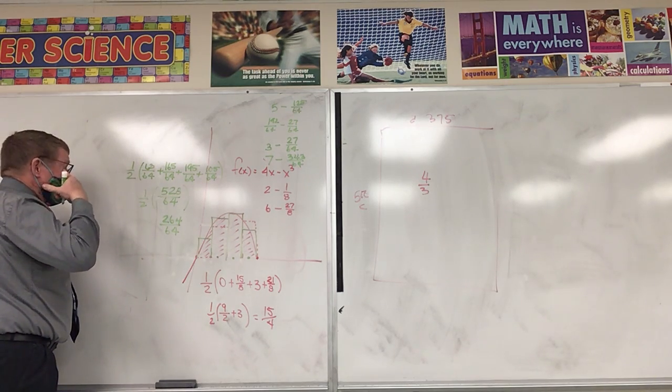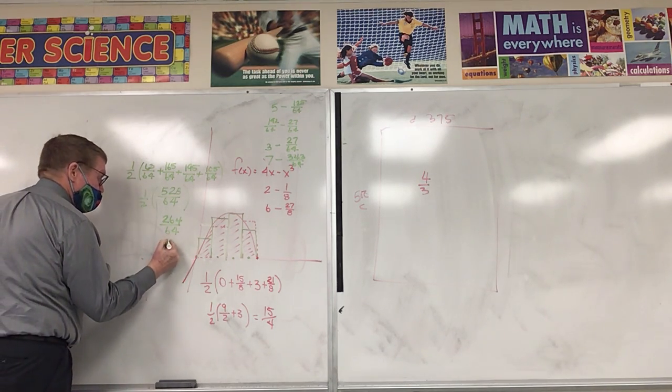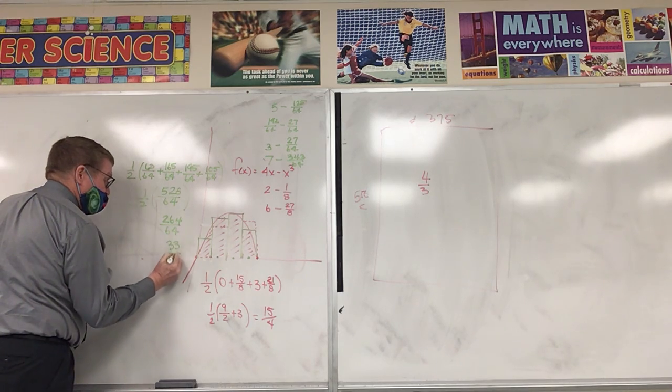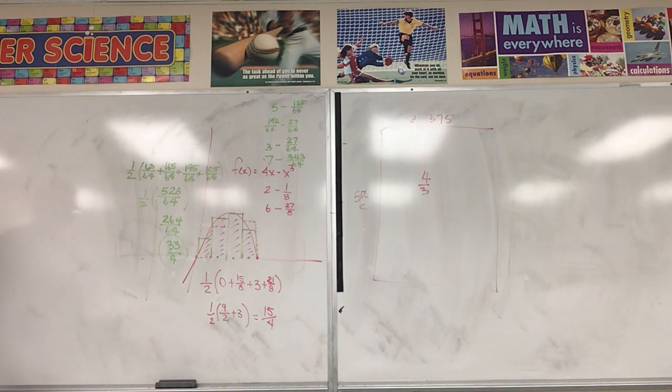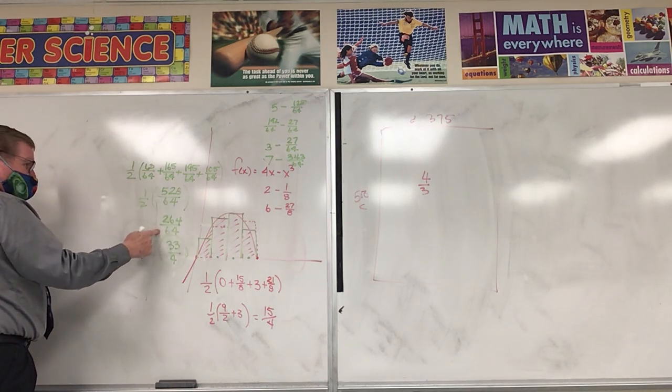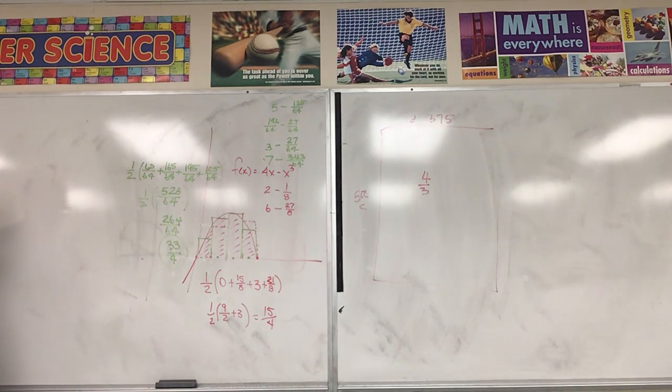33 over 4? Wait, wouldn't it be times 2? Oh, it would be 33 over 8, because I already simplified this by multiplying by 1/2, so I got 264 over 64. Does 16 go into 264?